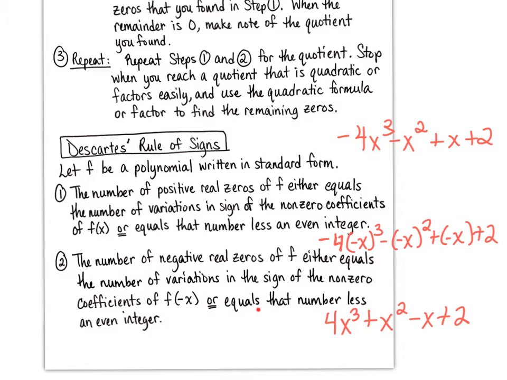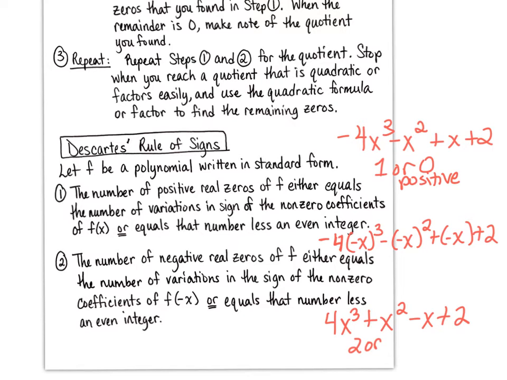2, or it says that number less an even integer. So what does that mean? 2 or? So up here it was 1 or 0 positive real zeros. Here is 2 or what? I explained in 1 what less an even integer meant.